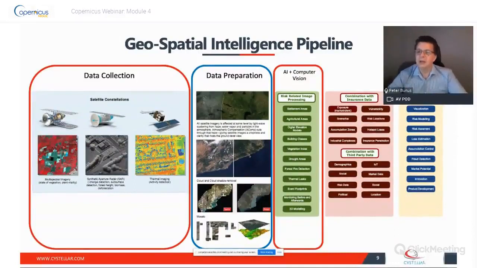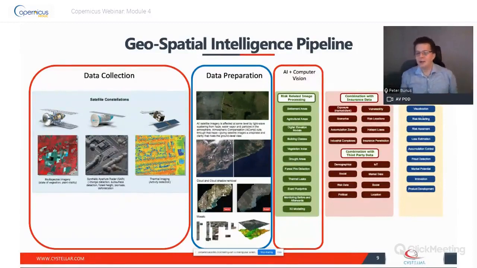And then obviously, in the later stage, you need to prepare what is the product, right? Because the insurers will not look at very high resolution satellite imagery, no matter how colorful they are, right? They are issuing policies.